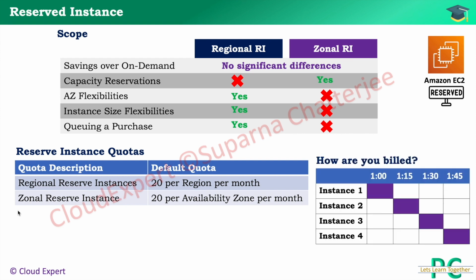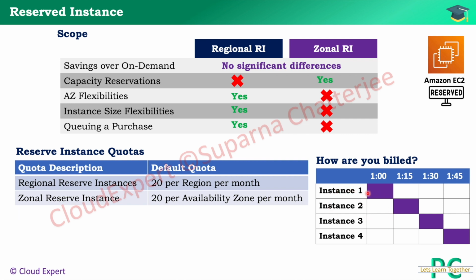Now, how are you getting billed? For example, you have purchased one C4 large reserved instance and you are running 4 C4 large instances concurrently for 1 hour. If you are running all 4 concurrently, one instance is charged at the reserved instance discount. The other 3 will be charged based on on-demand pricing.